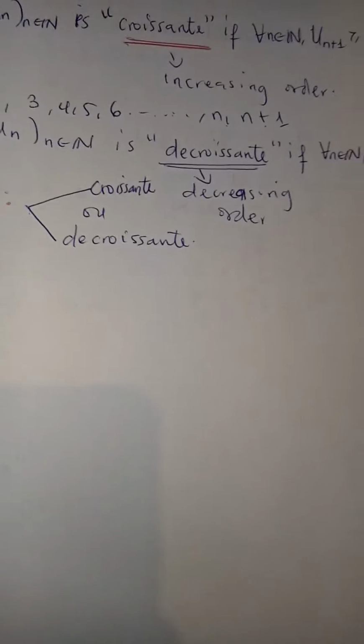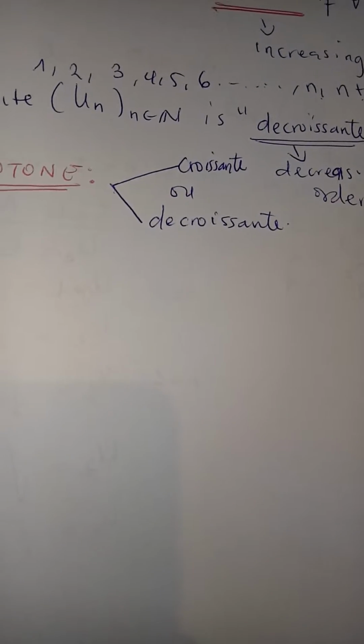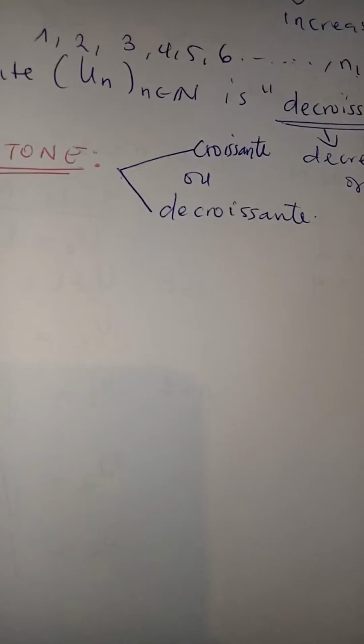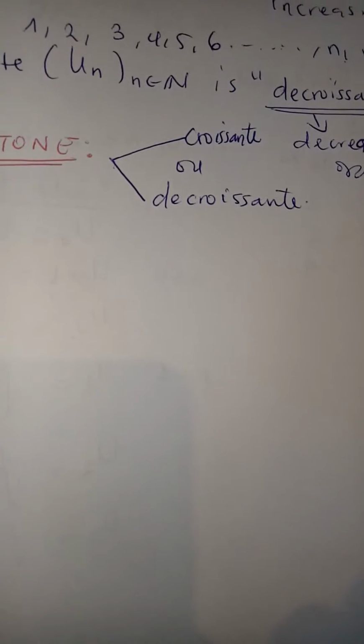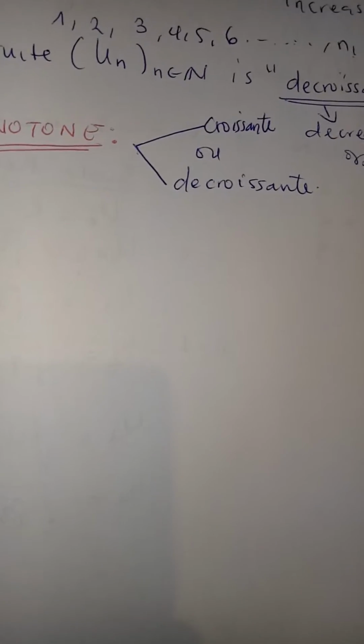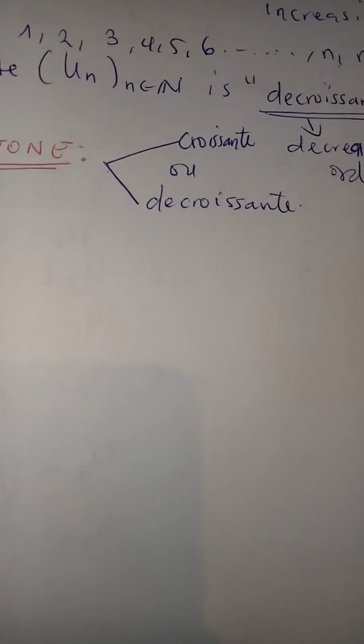That is a suite that is croissante or décroissante. That's when we say a suite is monotone. So if you're asked to montrer que cette suite est monotone, il suffit de juste montrer que that suite is croissante ou décroissante. Prove that it is in increasing order or in decreasing order. If you're able to prove that, then of course the suite is monotone.